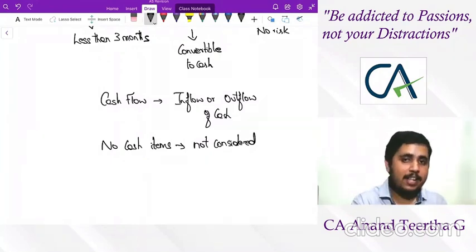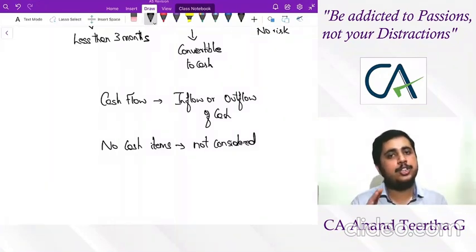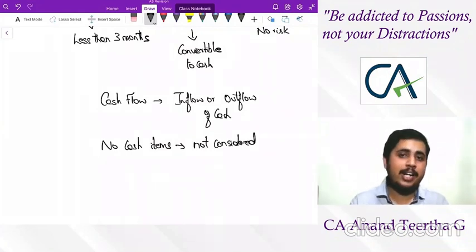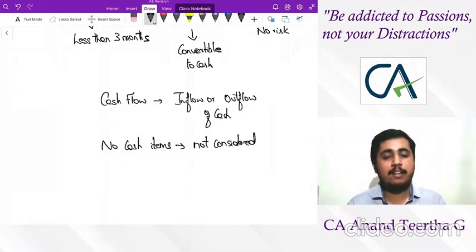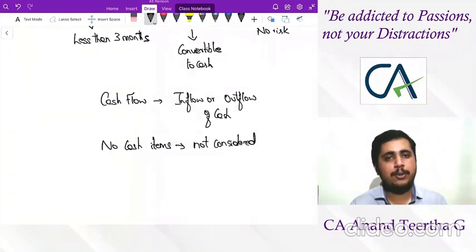For the sale there is cash, but for profit or loss there is no cash, which means it does not come under the cash flow statement. So those are the things which should be excluded. Now when you do the indirect method and all, you make the reversals over there just for the reversal's sake, you bring it in, otherwise it doesn't form part of cash flow at all. So that's how you have to consider the cash flow mechanism.